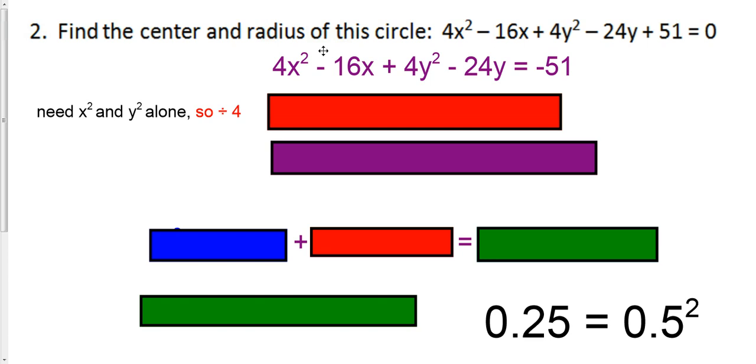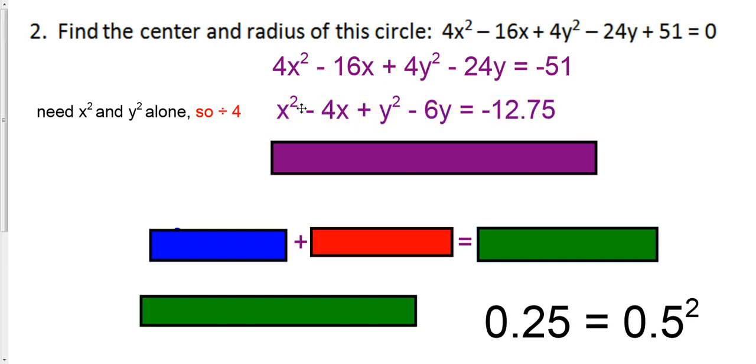So we're going to divide every term, the whole thing, by 4. When we divide each thing by 4, it's going to turn into this: x squared minus 4x plus y squared minus 6y. That was all of these divided by 4. Negative 51 divided by 4 becomes negative 12.75. So this is going to be our equation right now.